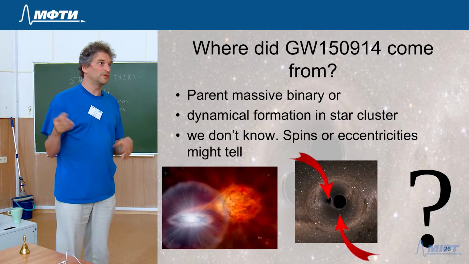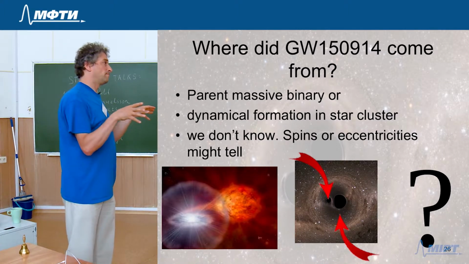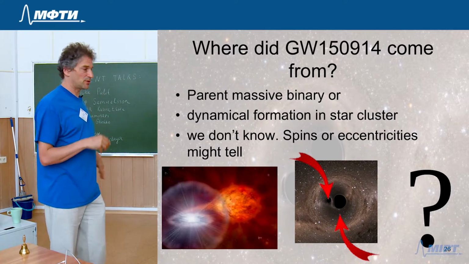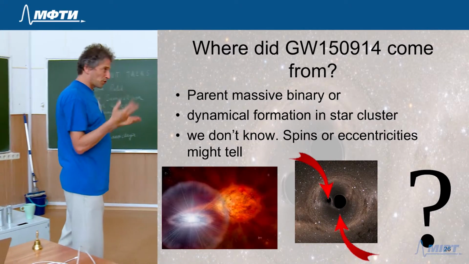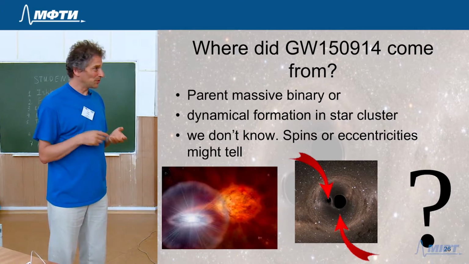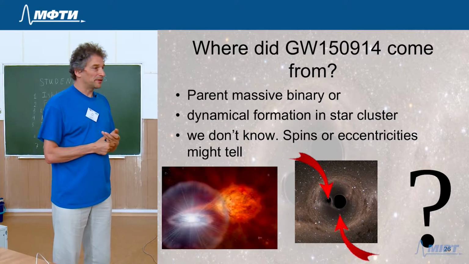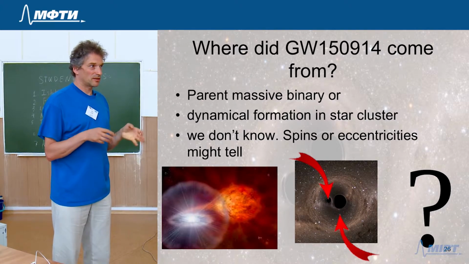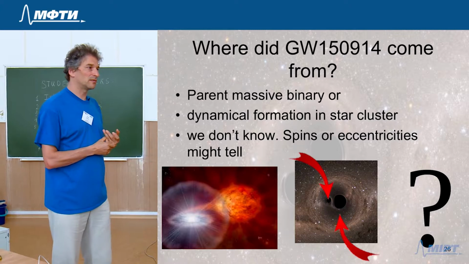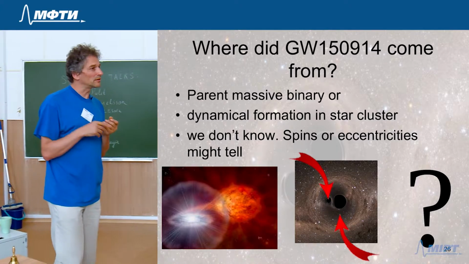The other group believes in stellar clusters giving rise to these binaries. Both groups claim that they can explain all the observations. But for both scenarios, there are considerable uncertainties, considerable not understood details, right?